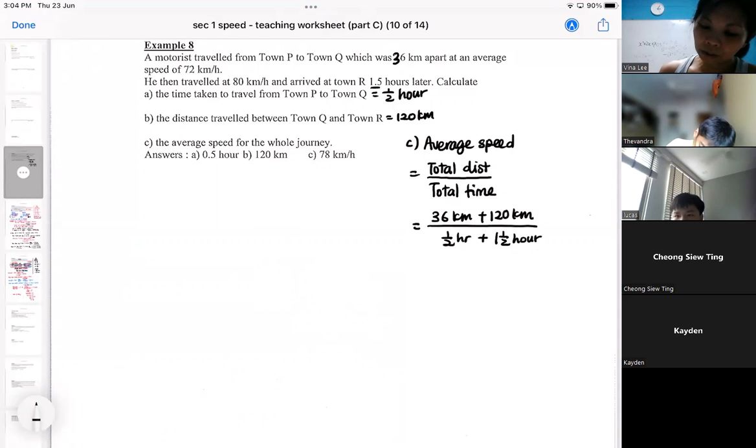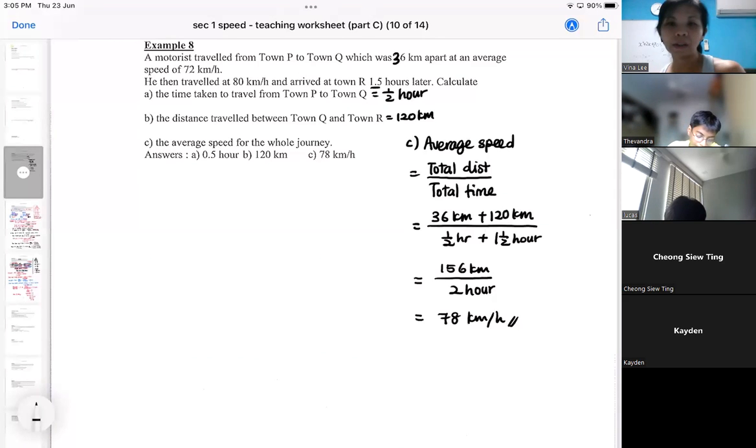You add up the distance for both parts of the journey, and then the time for both parts. Do you realize I keep writing the units? Because I didn't want to make careless mistakes, and it's very confusing. Sometimes if you don't write the units, you yourself don't know what you are doing.